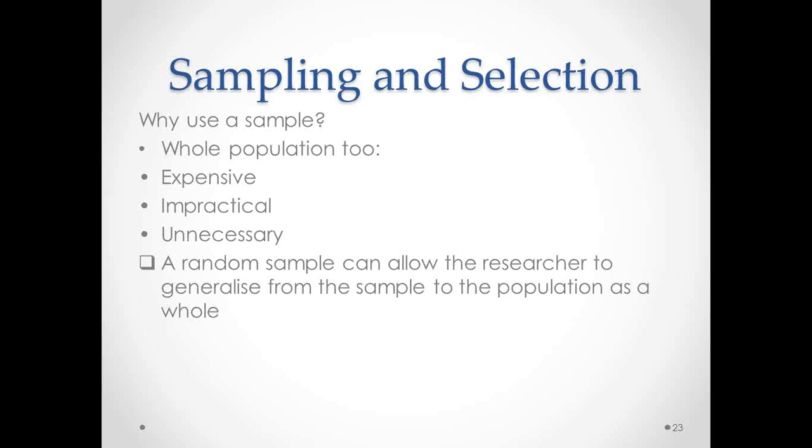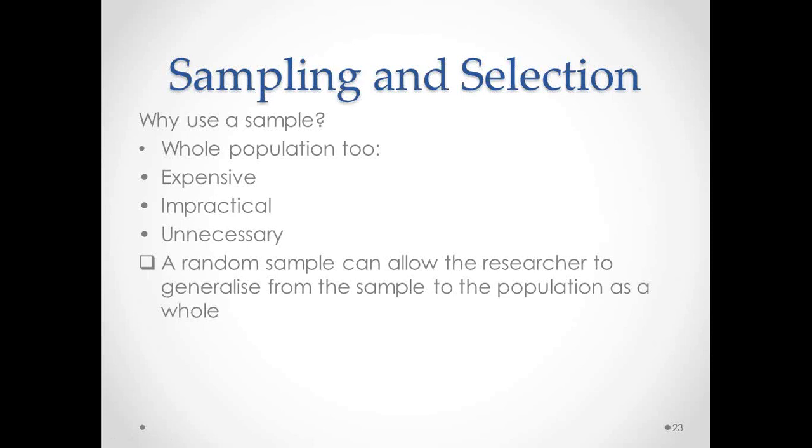So if you're going to look at a behaviour of your group of clinical staff, how are you going to sample them all? Because you're not going to ask every single one of them. So if you've got 50 staff and you want to find out whether they do a particular thing in a particular way, because you're trying to find out the status quo, you're not going to ask every single one of them. So how are you going to sample?